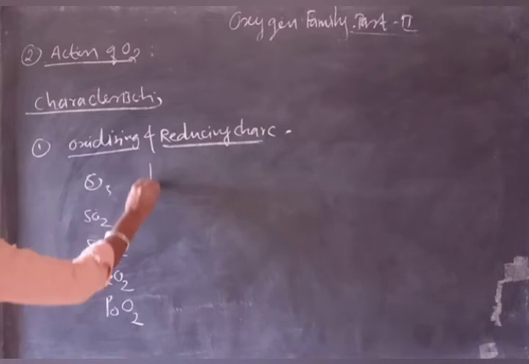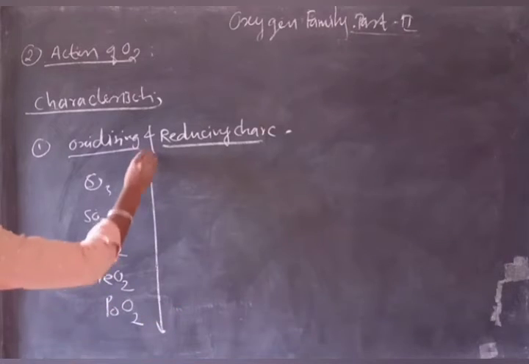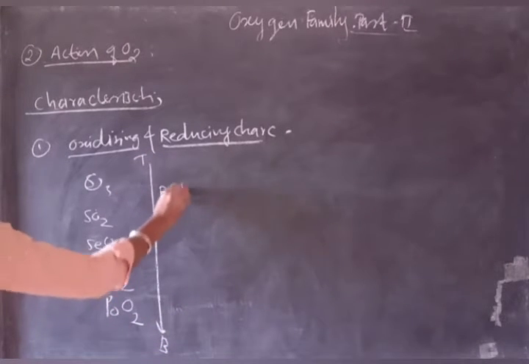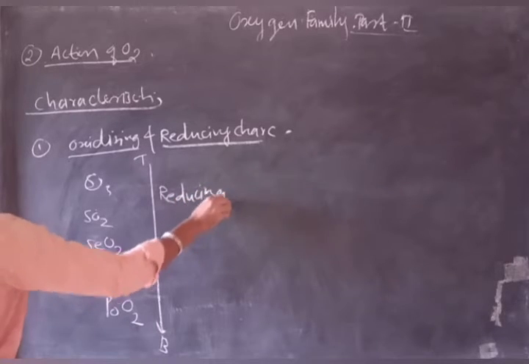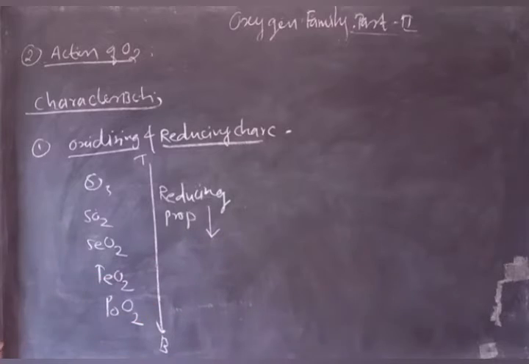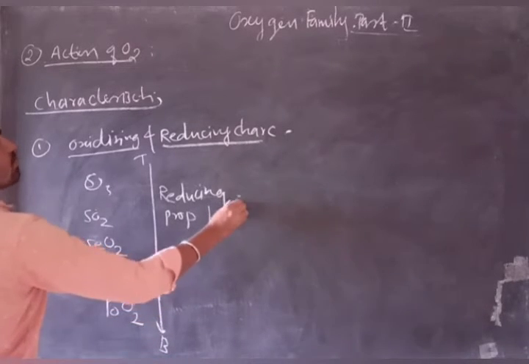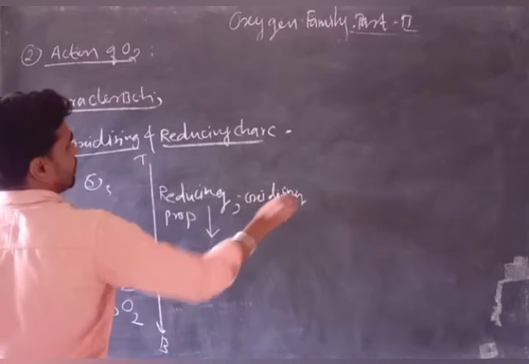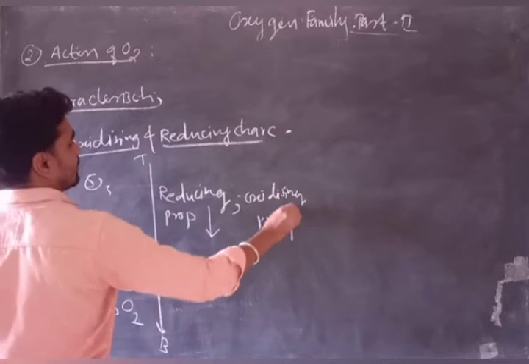And remember this: down the group, top to bottom in this series, their reducing property decreases. As the inverse of that, we can say their oxidizing property increases.